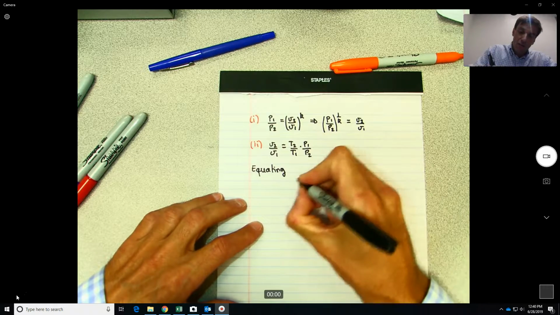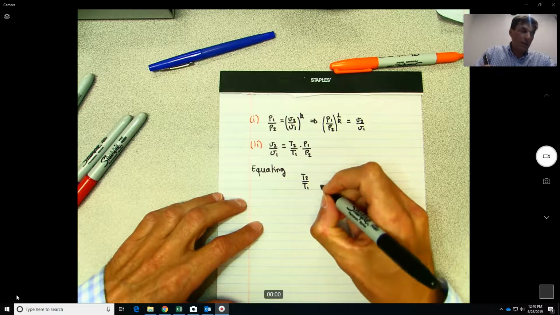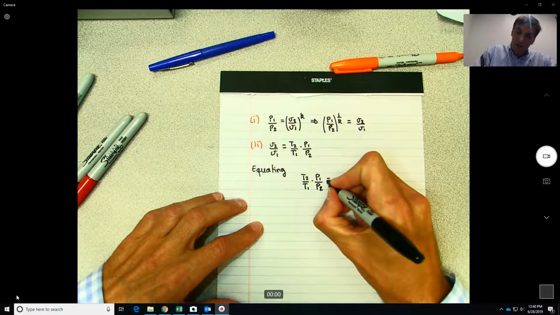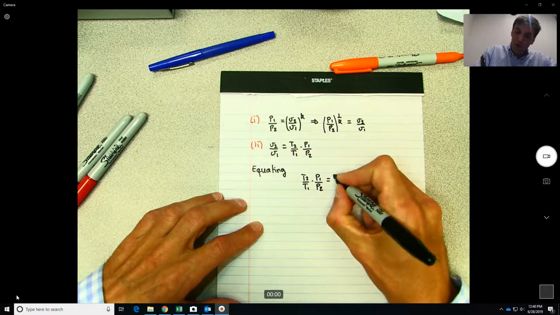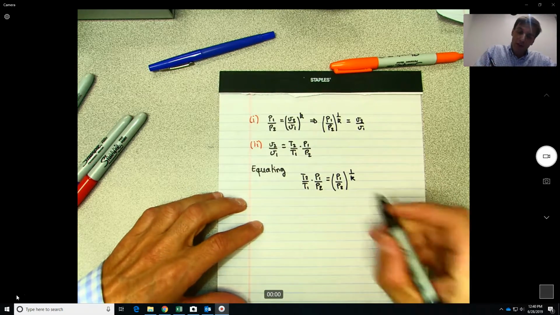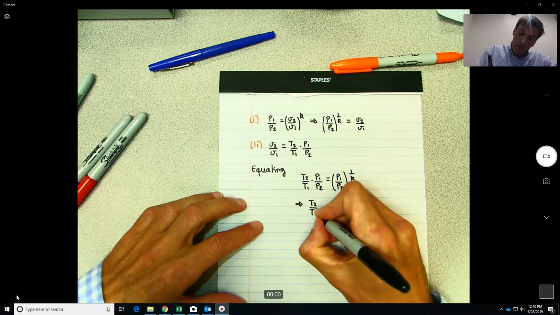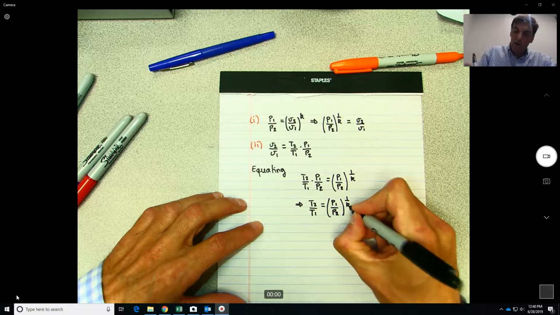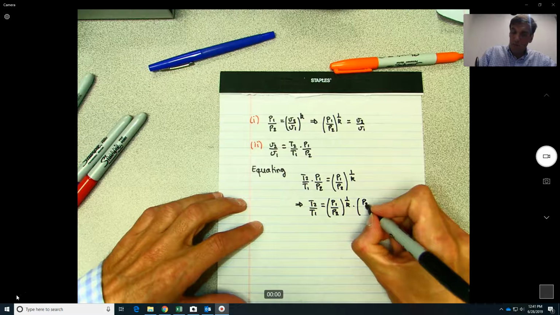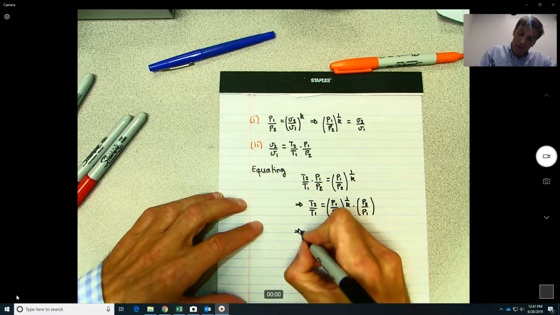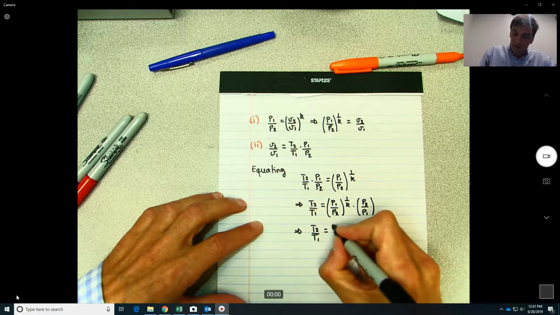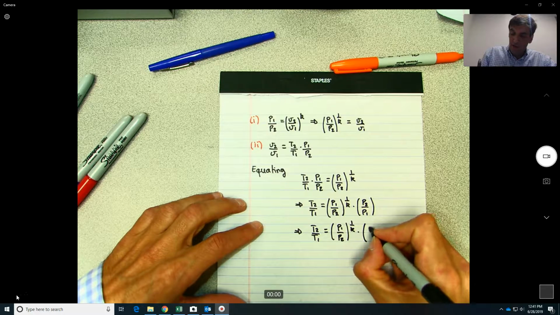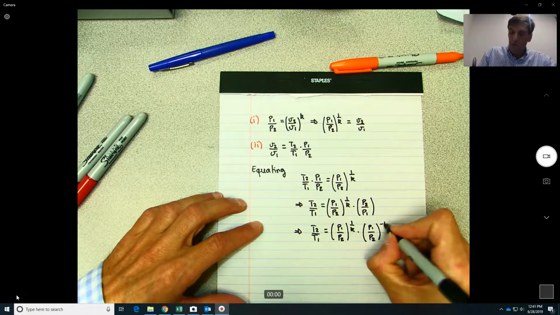So we write down equating. We'll have T2 over T1 times P1 over P2 equal to P1 over P2 to the 1 over K. So this will give us that T2 over T1 is equal to P1 over P2 to the 1 over K times P2 over P1, or as before, we can write down T2 over T1 equals P1 over P2 to the 1 over K times P1 over P2 to the minus 1.